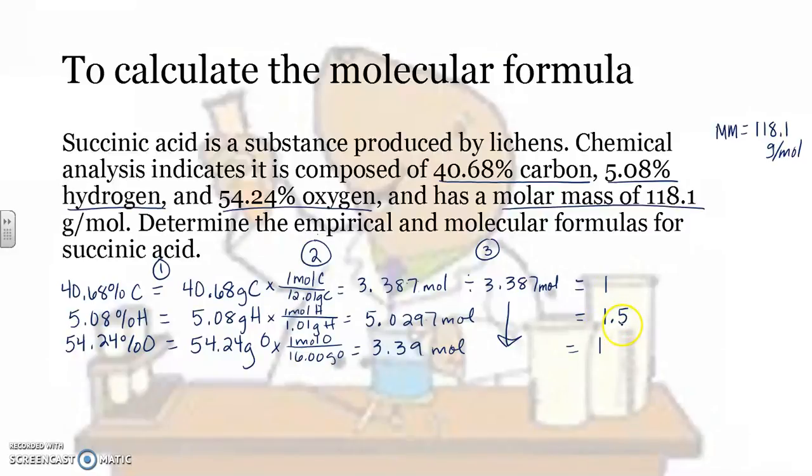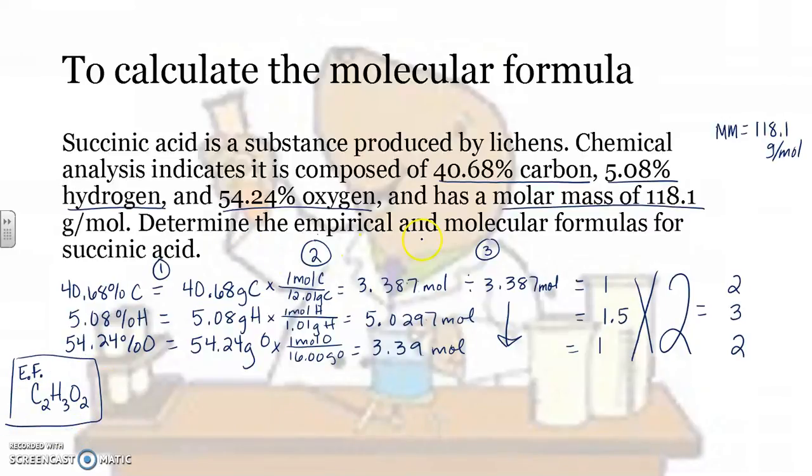If I've got 1.5 here, I've got to multiply all 3 of them by 2. So this is a 2, this is a 3, and this is a 2. So my empirical formula is C2H3O2. Yay, one of them's done.